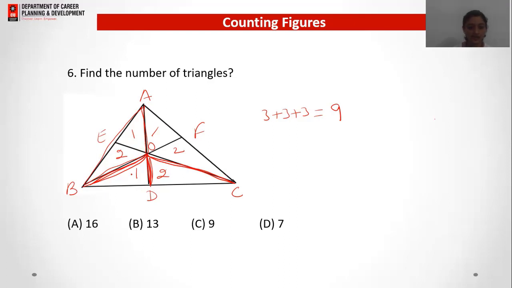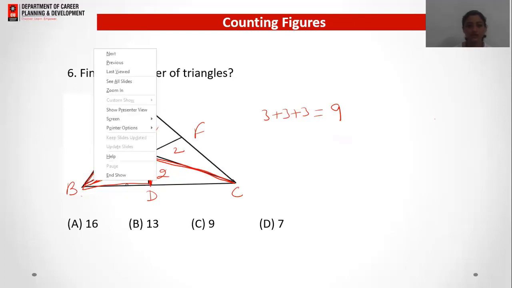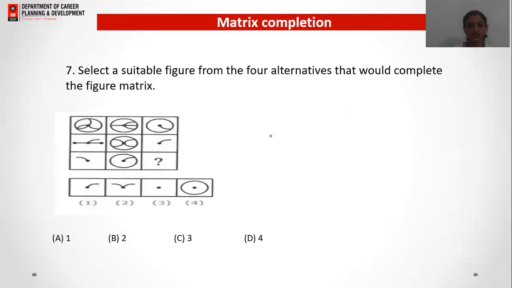And next, if we take the case of ABD, similarly EBC, similarly AEC, then AFB, EBC, in total 6 triangles are there.